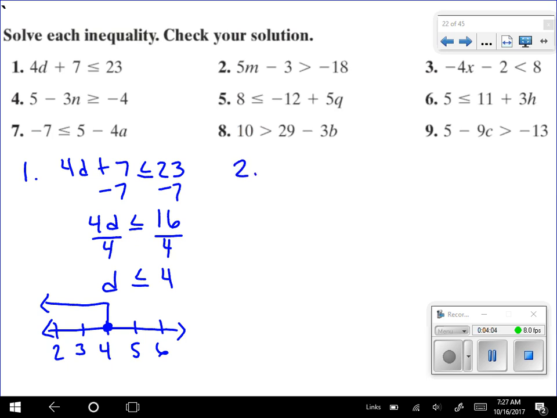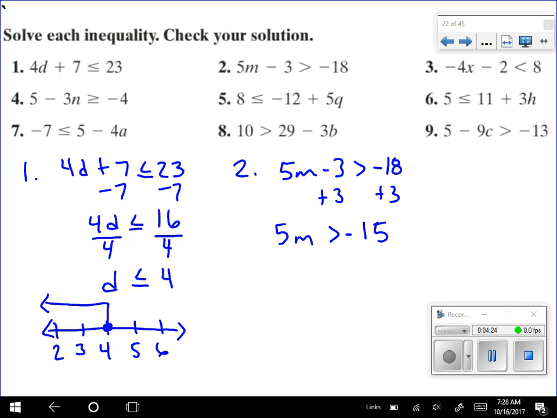Okay, let's look at number 2. So we have 5m minus 3 is greater than negative 18. So we're going to add 3 to both sides. We get 5m is greater than negative 15.